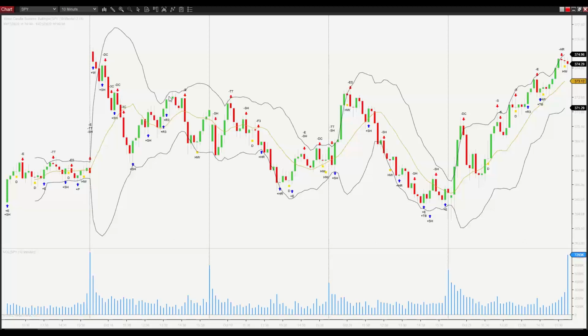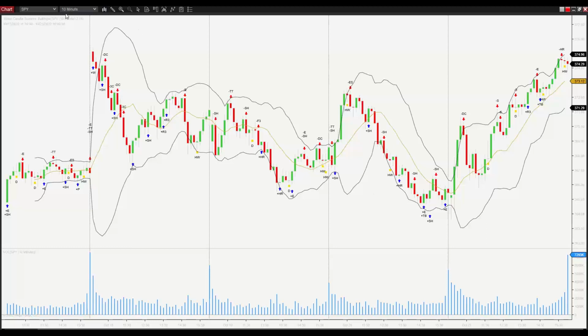That's one example. You got it, Jason. I think that the software, if you just look at SPY on the 10-minute chart, will identify entry and exit signals all day long for you.